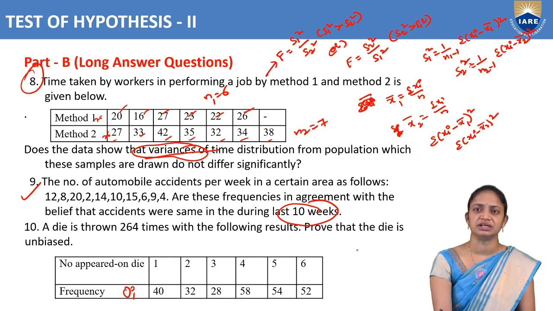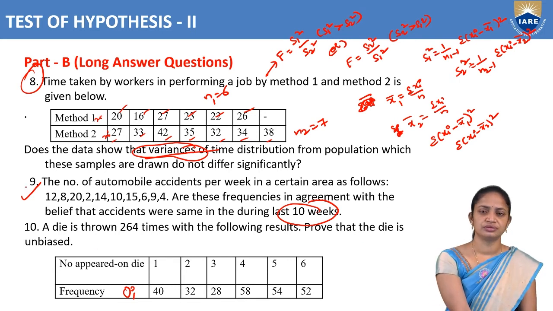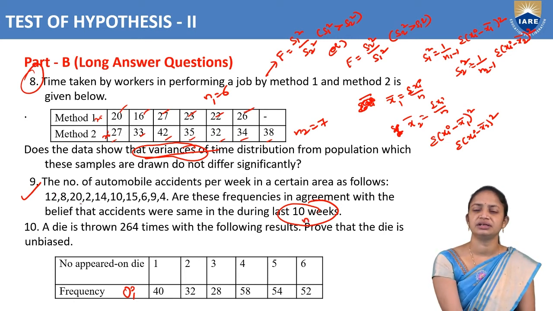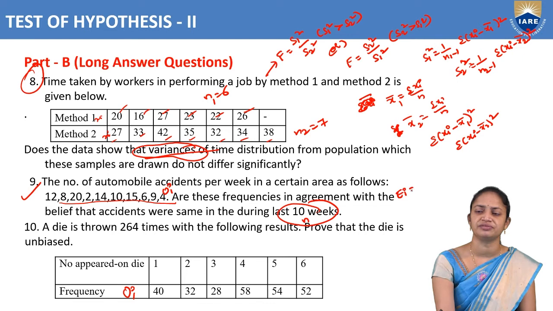In the 9th question, they have given the n value and the frequencies. The given frequencies are the observed frequencies, the y values. We need to find the expected frequencies.